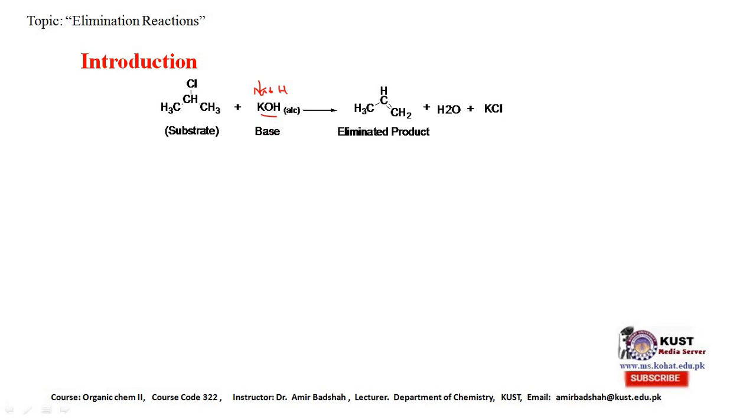In that case, this species, alcoholic potassium hydroxide, or the OH, is a base. It abstracts hydrogen from the beta position. Beta position is the position which is adjacent to the alpha, and alpha position is the one to which the functional group is attached. This functional group, halogen, is attached to this, so this is alpha, and the carbon two positions from the alpha is called the beta position.